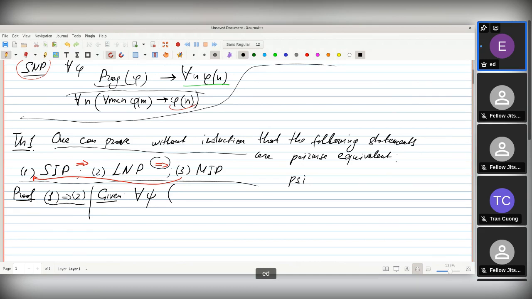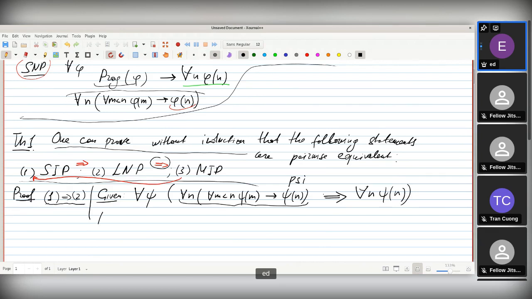For every psi, if our progressiveness statement for psi holds true, then for every n, psi of n is true.